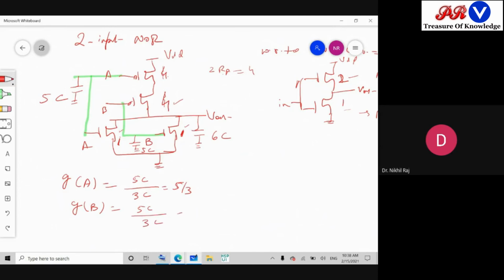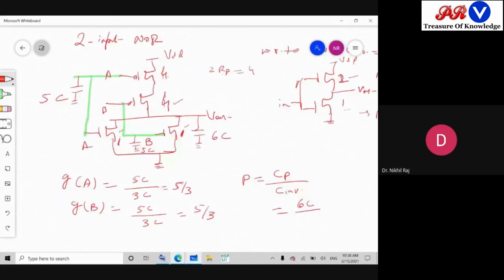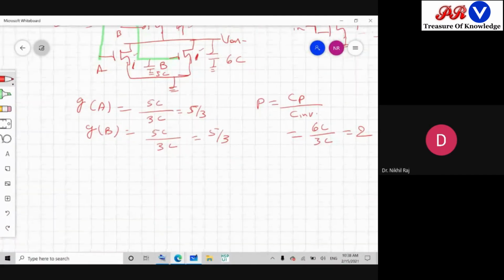That is 5 by 3. And what will be the P? CP by CINV. So what is CP here? 6 by 3. So it will give me 2.